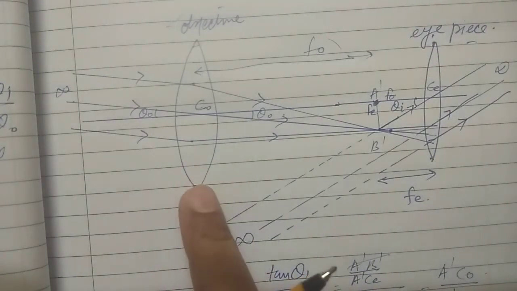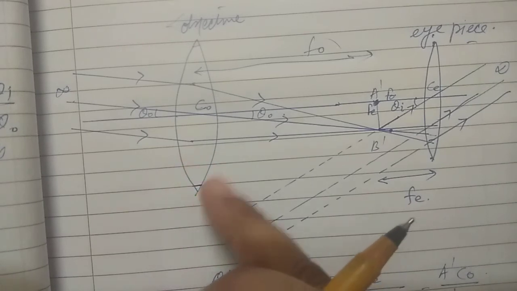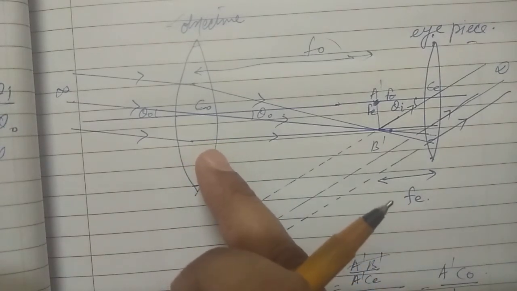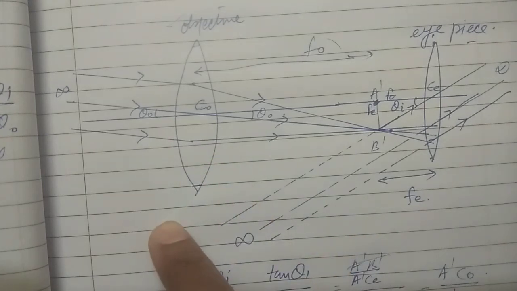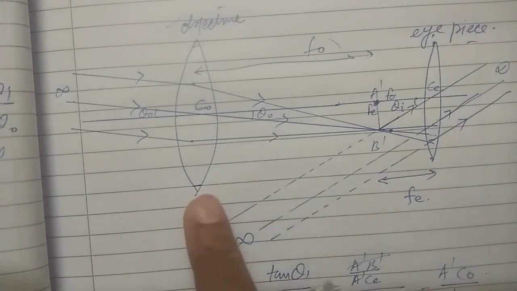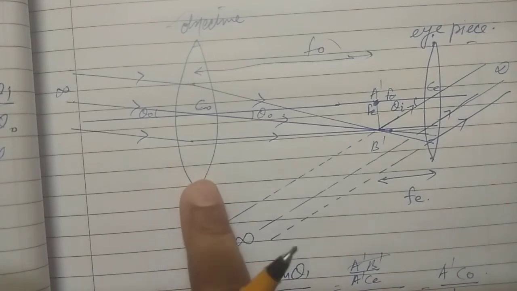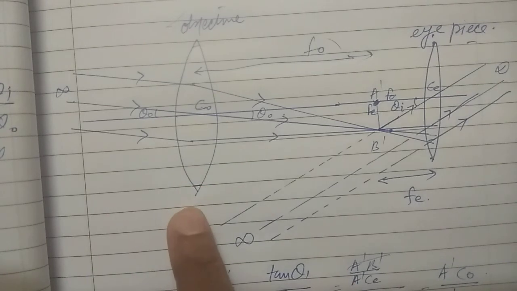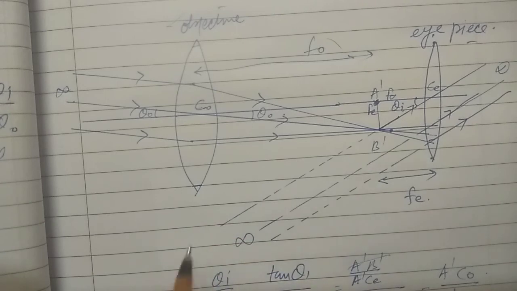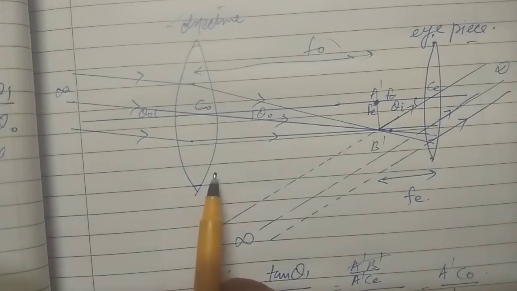And similarly, some more limitations would be there. One is spherical aberration, chromatic aberration would be there, and very important is that these edges are very weak to give support to this heavy lens. To overcome this problem, we use the reflecting type telescope, because in the reflecting type telescope, the objective lens is replaced with a concave mirror.